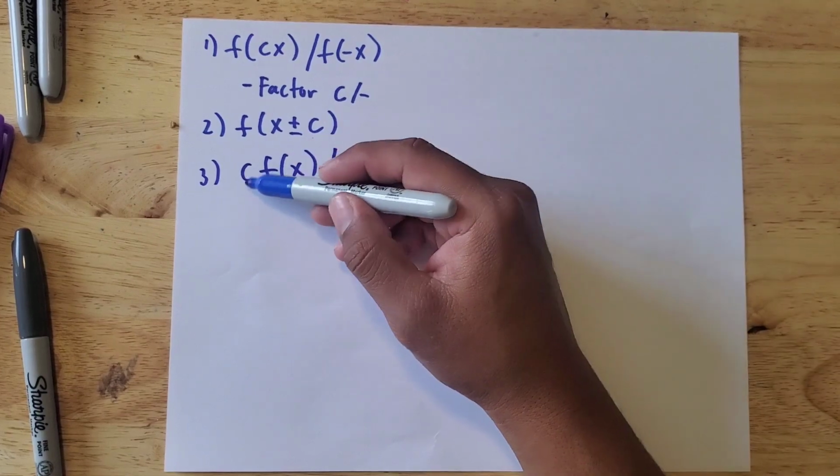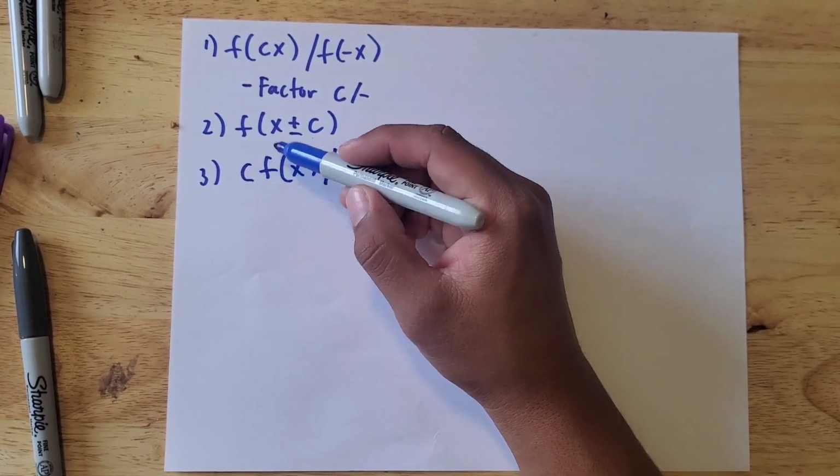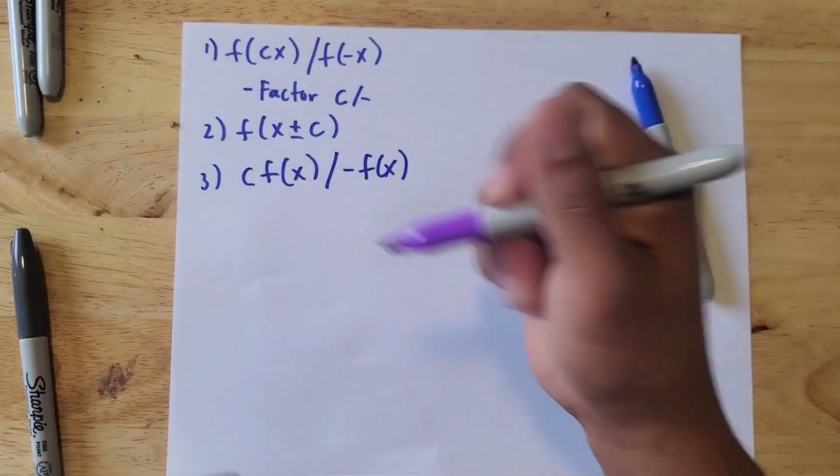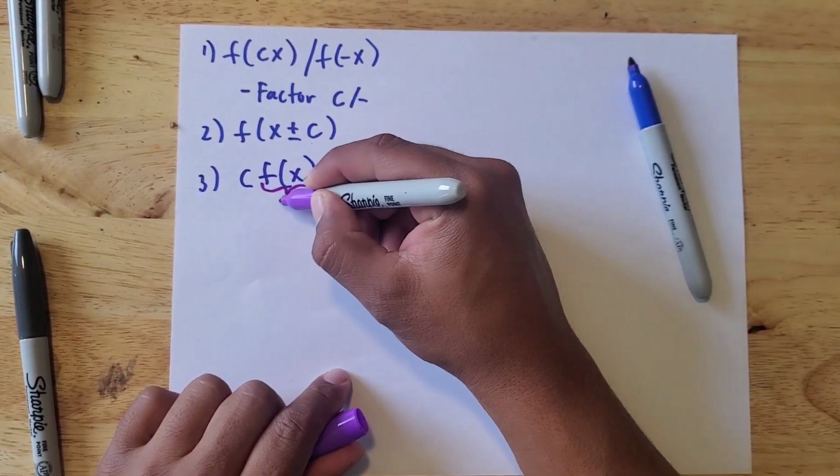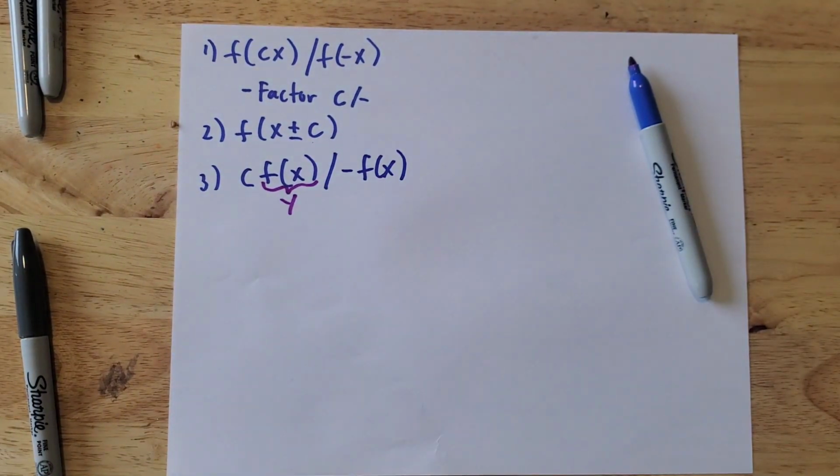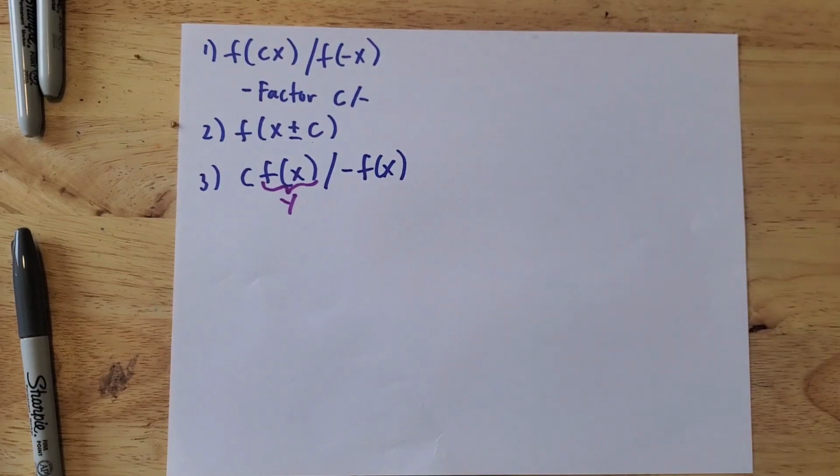And don't forget, your function represents y. So what's happening now is we're doing everything to the y coordinate of our function. We'll follow some points on some of these examples so we can see exactly what's happening.